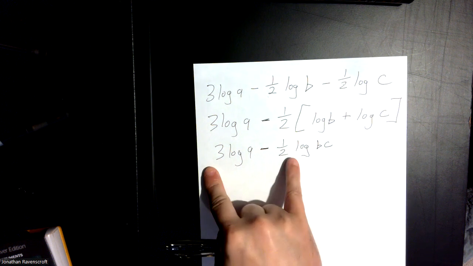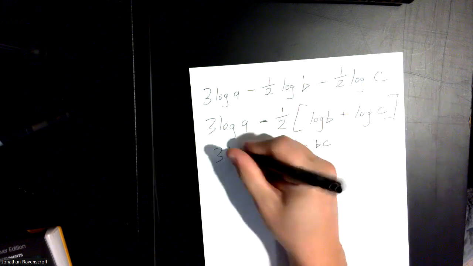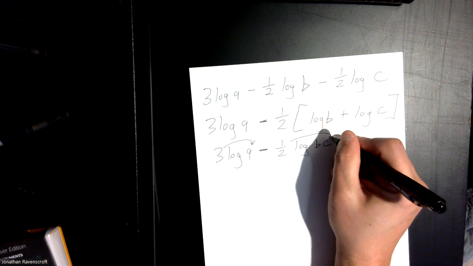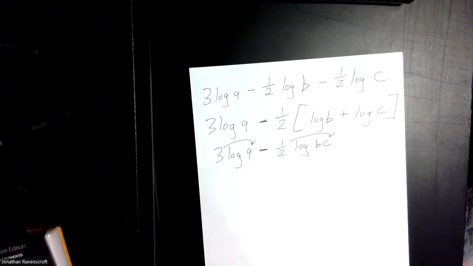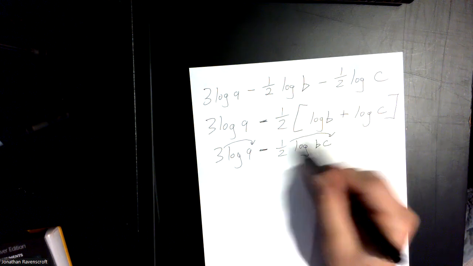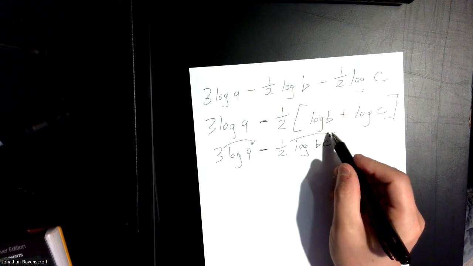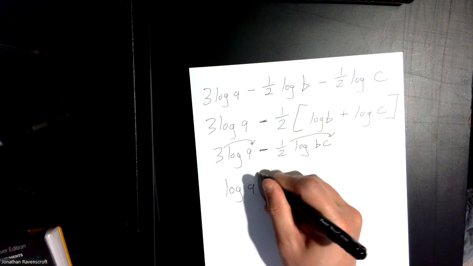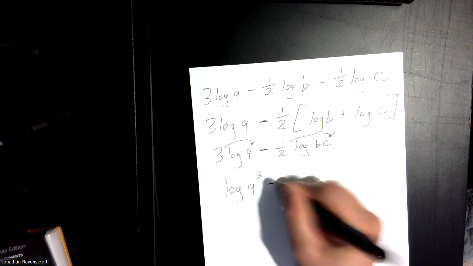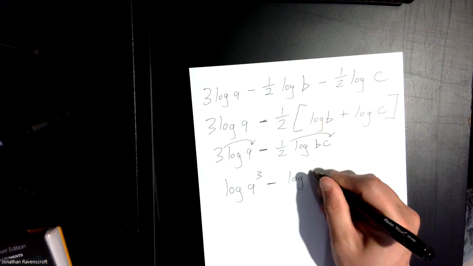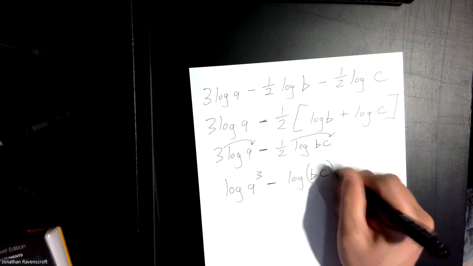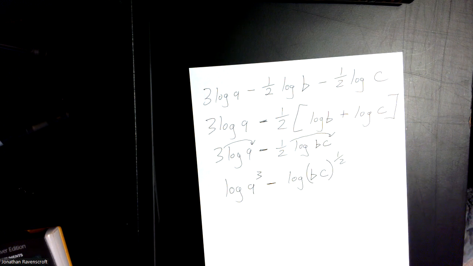Now you kind of have this 3 and this 1/2 that are in the way. Let me move those to the exponent. Let me move the 3 up here. Let me move the 1/2 up here. Now you might be tempted to use negative 1/2. I think that would complicate things. Just leave it as 1/2. Log of A raised to the 3rd power minus log of BC, the quantity, raised to the 1/2 power.